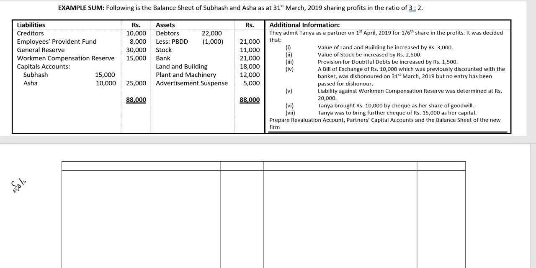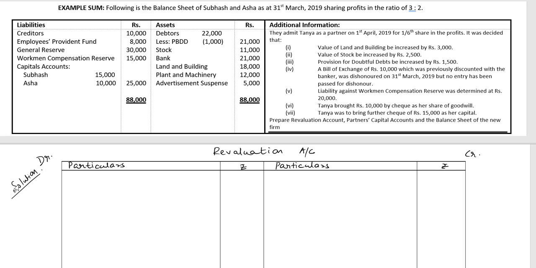Solution. Revaluation account. Left side debit side, right side credit side. We have particulars, rupees, particulars, rupees.